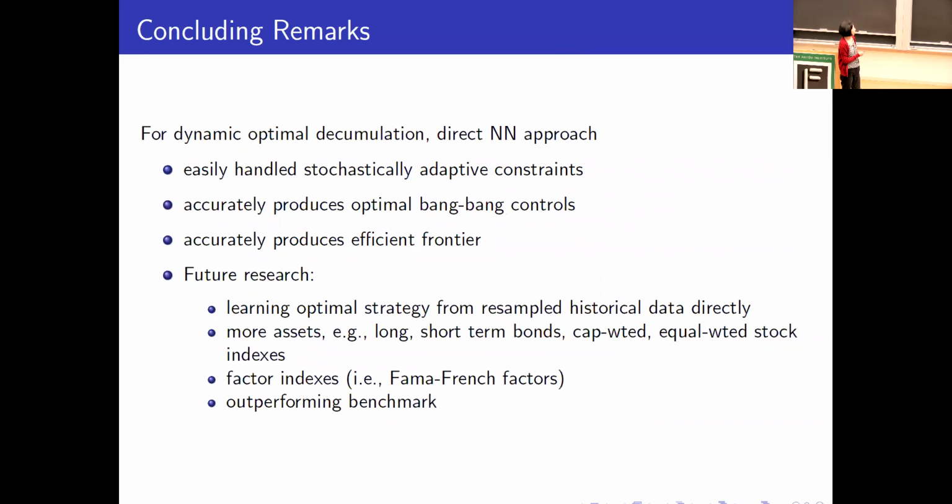For this nasty decumulation problem, we illustrate that this simple computational approach using a neural network, with no dynamic programming, is able to handle the stochastic adaptive constraints imposed on the withdrawal, and is able to produce the Bengen control and the discrete optimal control.